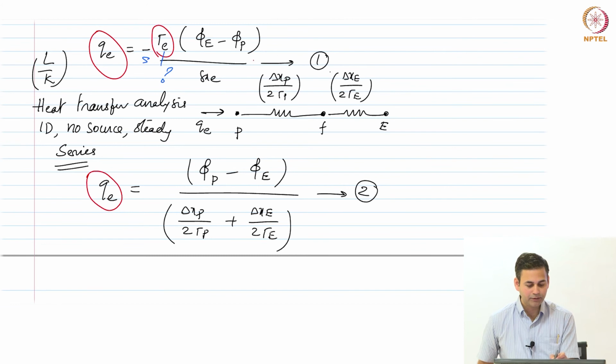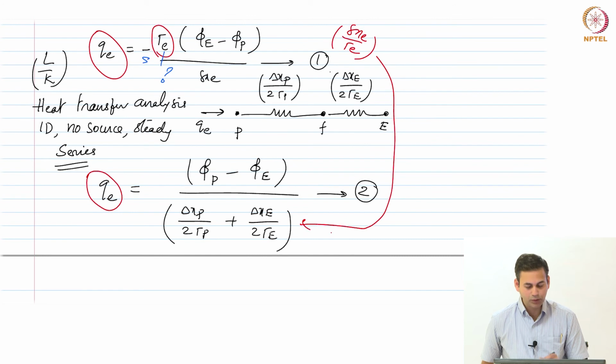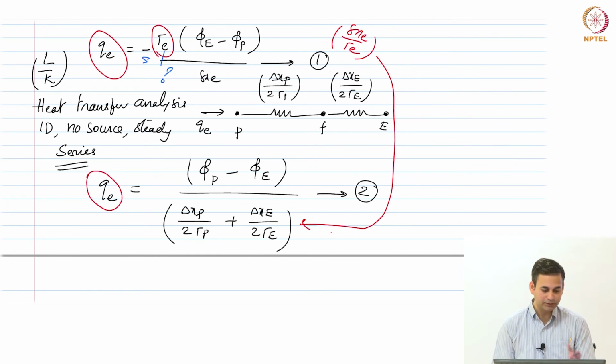Essentially here I equate this QE from equation 1 and 2, what I get here is delta x E by gamma E, this should be same as this quantity, right, because phi east minus phi P is the same in both of them, and QE has to be the same, right? Do you agree or no? Yes, okay, very good.